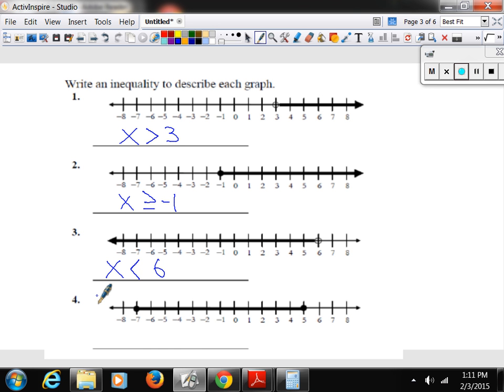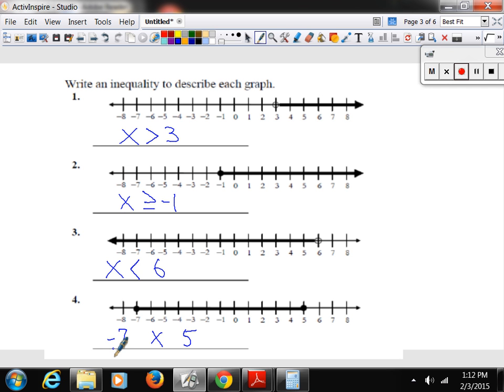The last one has the 2 dots. So you've got a -7. You've got an X in the middle, because you've got all the stuff in the middle, and you've got a 5 over here. What do you think? Was that less than or greater than? Less than would be like an L. I'm thinking we want numbers that are bigger than -7, right?